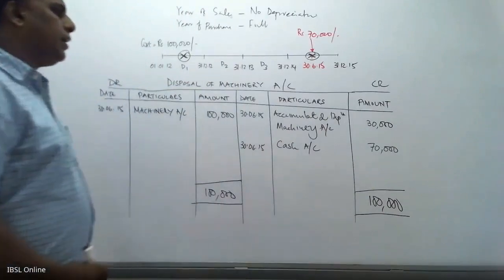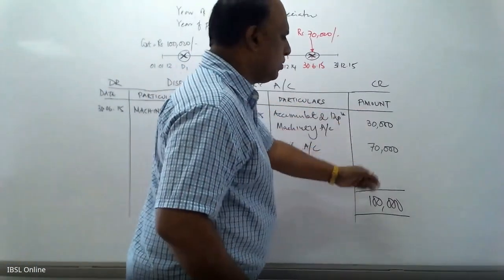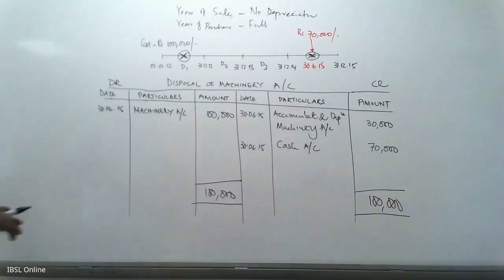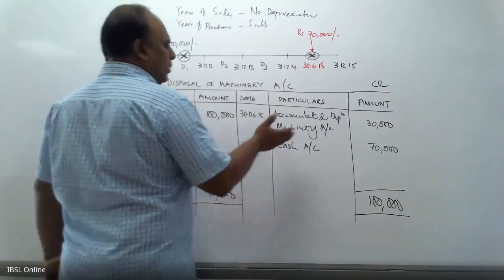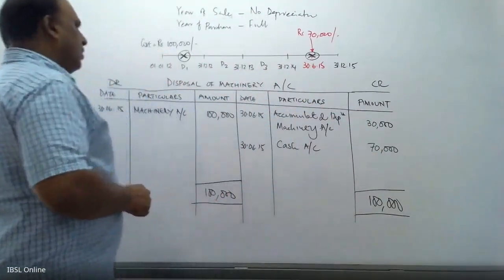But if you look at it, this side is also already 100,000. That side is also already 100,000. So there is no requirement for us to bring in a balancing figure either to the debit side or to the credit side, because the cost is equal to the accumulated depreciation and the proceeds that you have got.